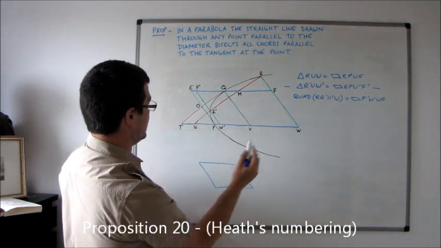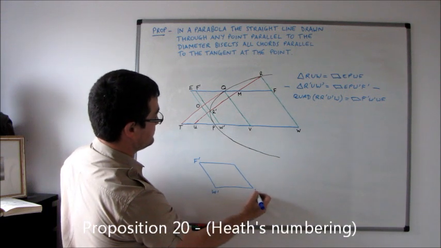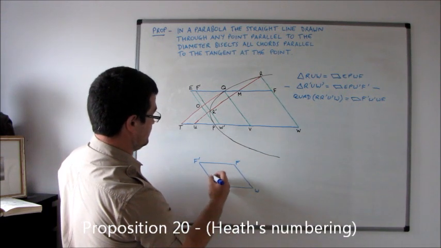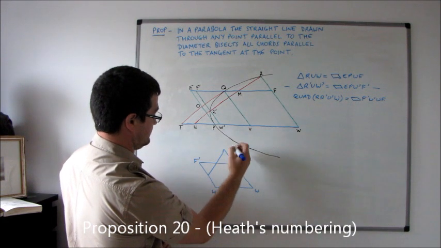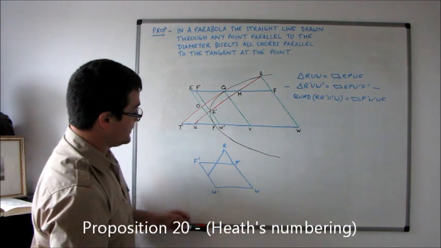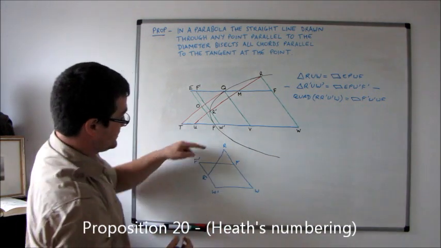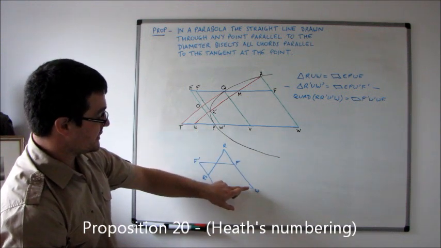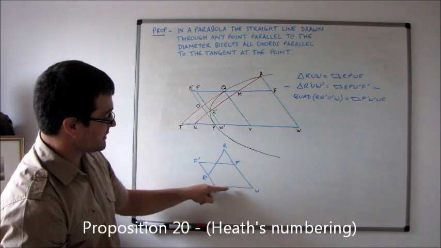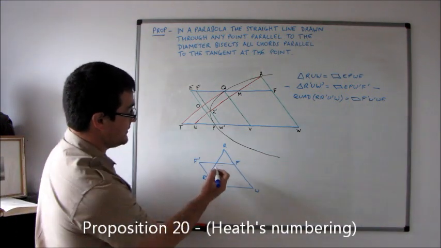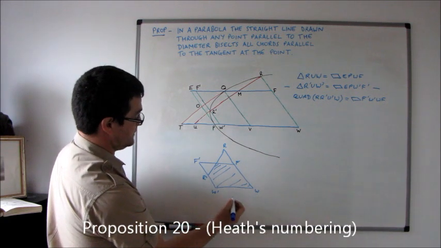Quadrilateral R primed, W. So we've got the quadrilateral R primed W in there, and that quadrilateral and the parallelogram F prime W prime WF have this common area here.